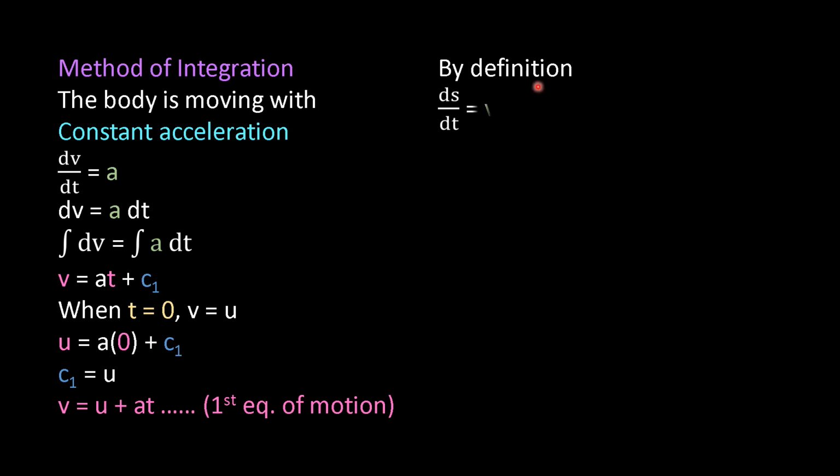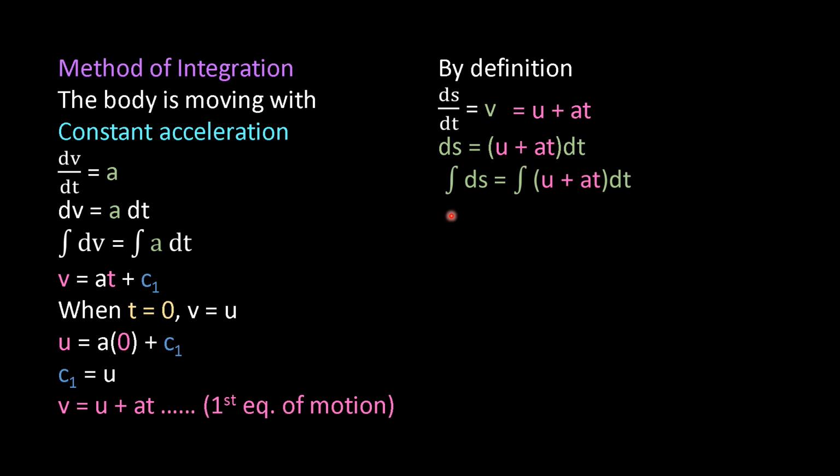Now by definition, we know that ds by dt equals v, which is u plus at. That is, ds equals u plus at, which is this, times dt, which is this. Integrating both sides, we write integral ds equals integral u plus at into dt. Integral 1 ds will be s.